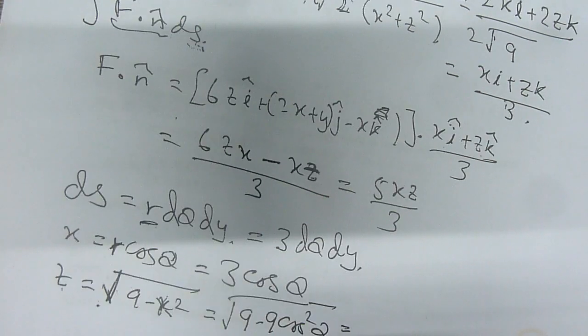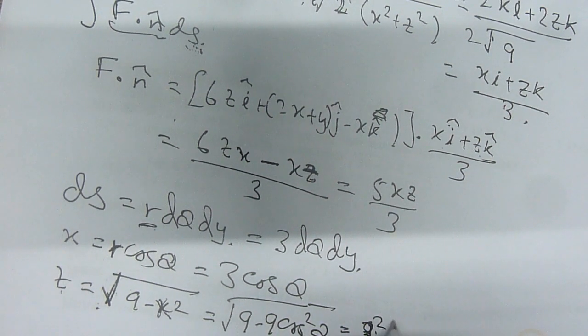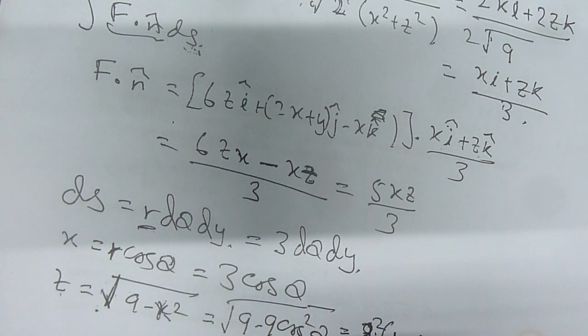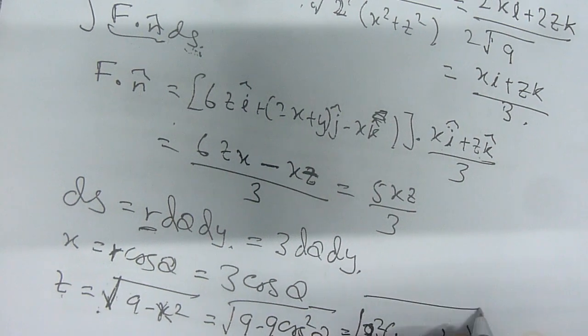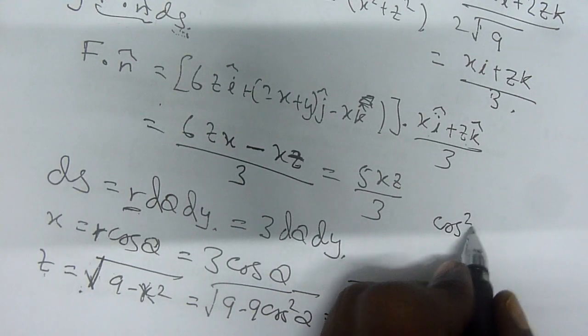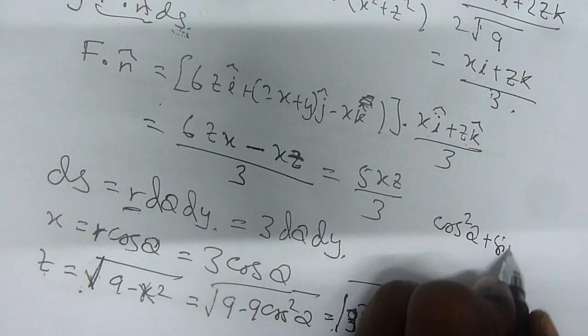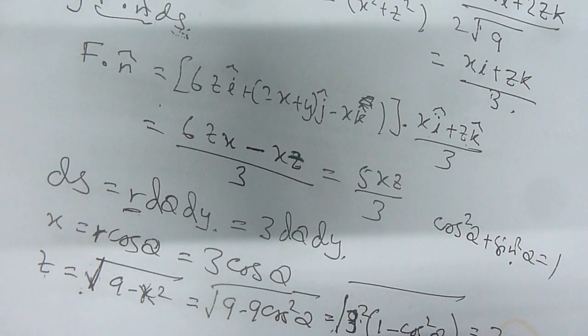Then you take out this 9, take out 3 power 2, so 1 minus cos squared theta. What is 1 minus cos squared theta? See, cos squared theta plus sin squared theta equals 1, so 1 minus cos squared theta is sin squared theta. What do you get here? 3 sin theta.